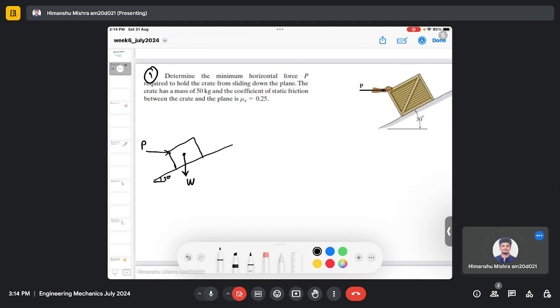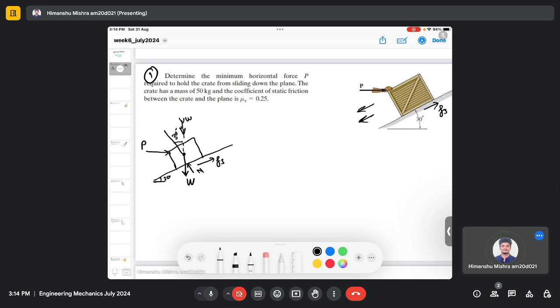And when you remove this force P, the block will go down, right? And hence there will be a friction in the opposite direction, which is Fs. So there will be a friction Fs here, and there will be a normal reaction. This is 30°, and this is where the weight is acting.